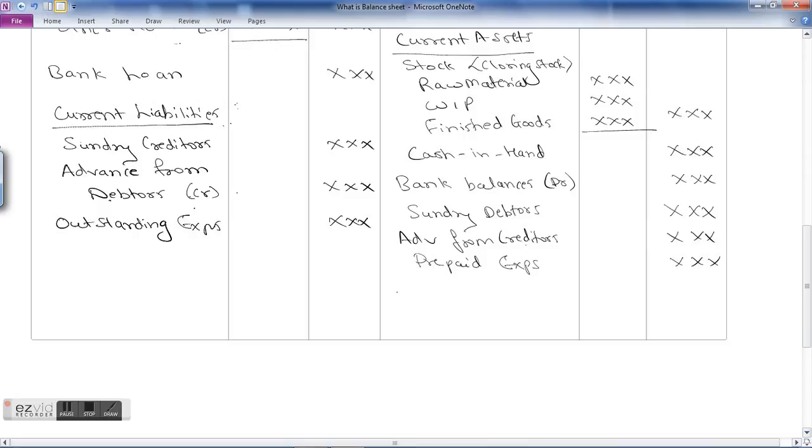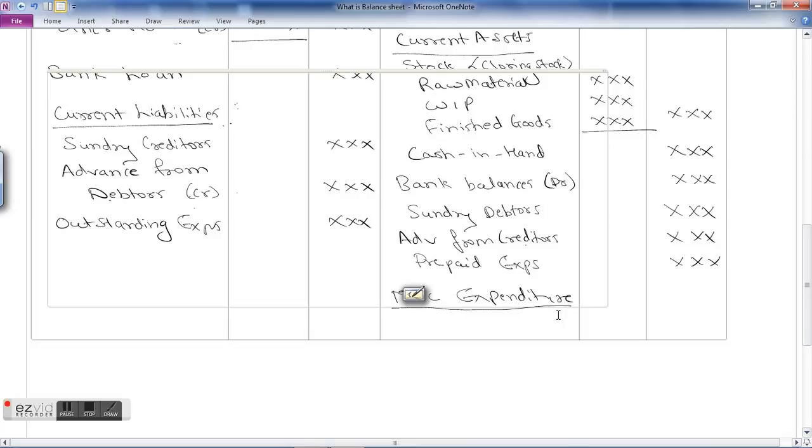Okay, now there is something known as miscellaneous expenditure. So what is a miscellaneous expenditure? Sometimes in business there is a huge expenditure which is spent in 1 year, but the benefit of it will be derived over future 5 or 10 years. For example, there will be some advertisement expenses.